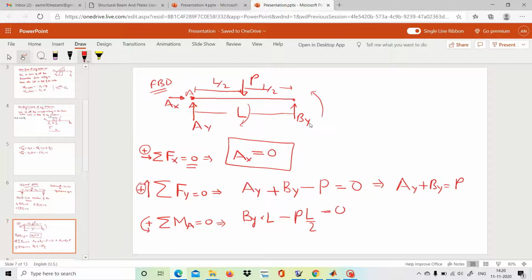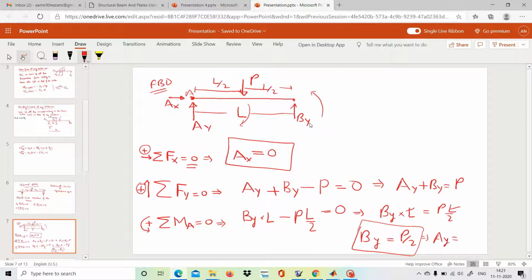Therefore BY into L equals P into L by 2. L gets cancelled out. BY equals P by 2. And AY plus BY equals P, so AY equals P minus P by 2, which is also P by 2.